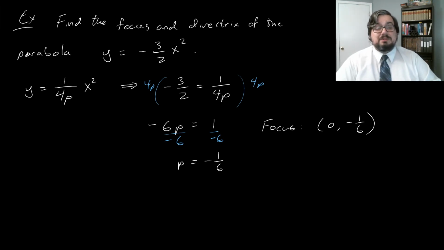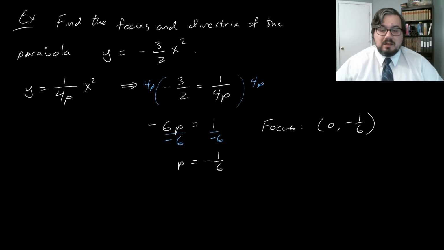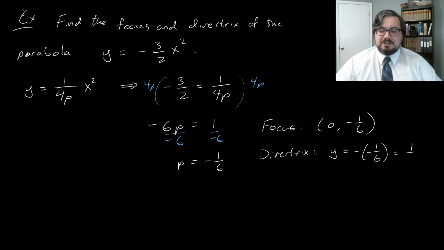So because y sits by itself in this equation, you're going to move in the y direction, up and down. So the focus is at the point (0, negative 1/6), and the directrix is going to be the line y equals 1/6.